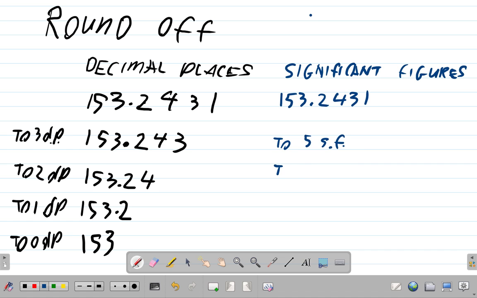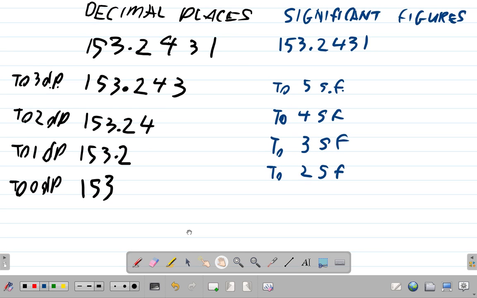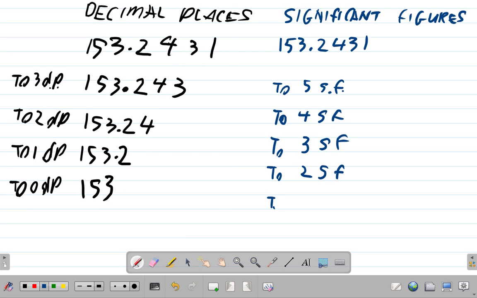Then I want to write it to 4 significant figures. Then to 3 significant figures, to 2 significant figures, and then to 1 significant figure. Let's see.